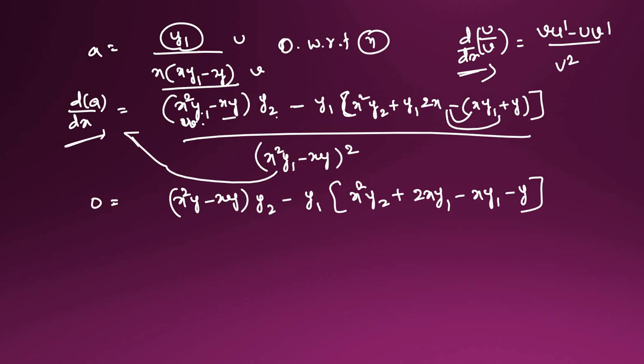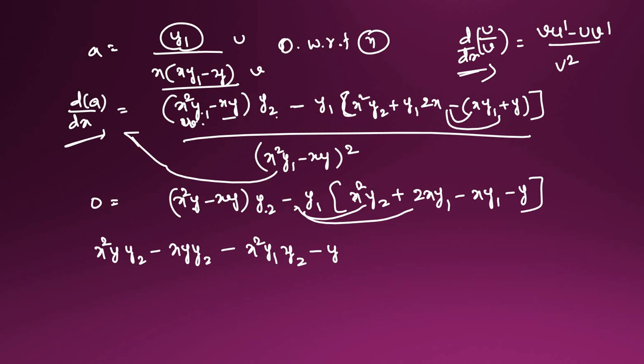So what can we do more here? Anything we can do? We'll multiply with this one. Shall we do it? Okay, we'll try. So here x square y y2 minus xy y2 minus this, so it will become x square, this minus into this one, x square y1 y2, minus y1 into this one. Sorry, first 2x is there, so 2x will remain like that only.